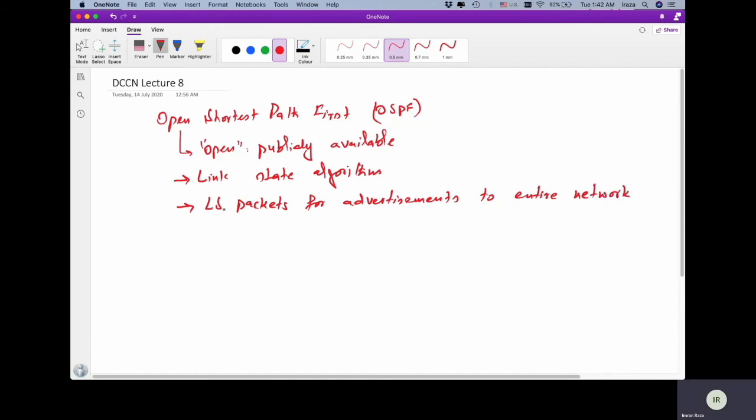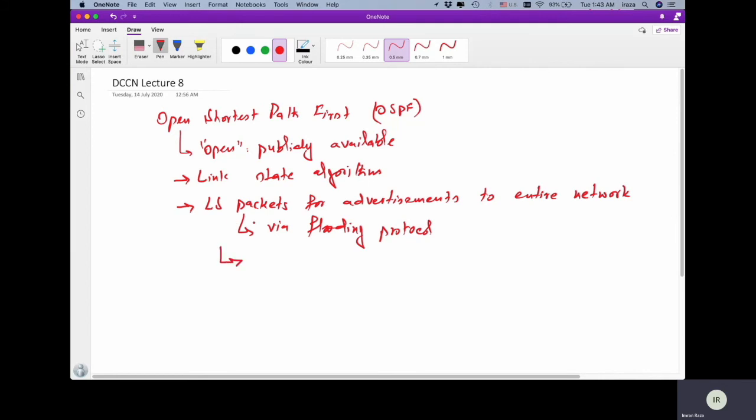And this happens, by the way, via a flooding protocol, where this information is forwarded to all the interfaces except the incoming one.